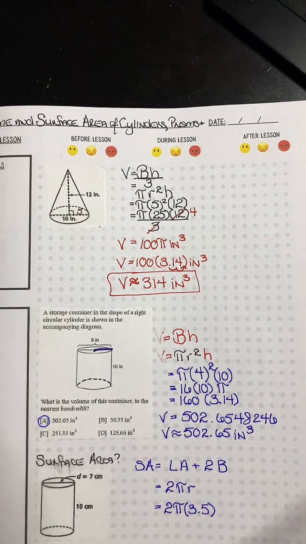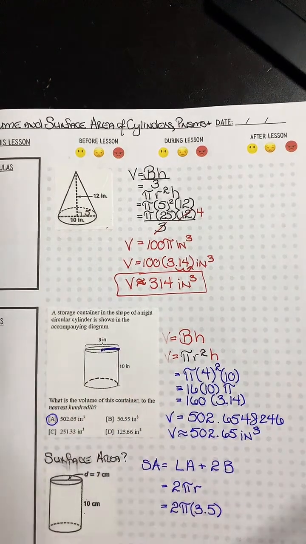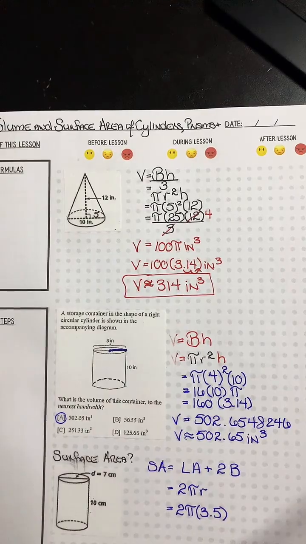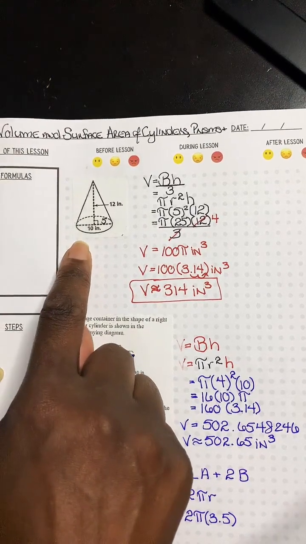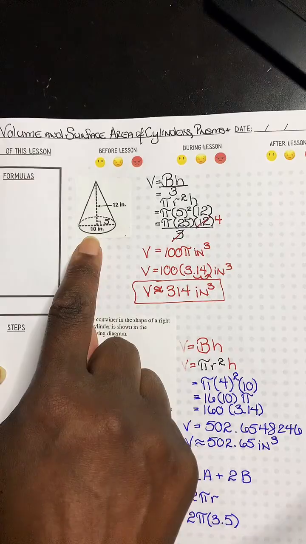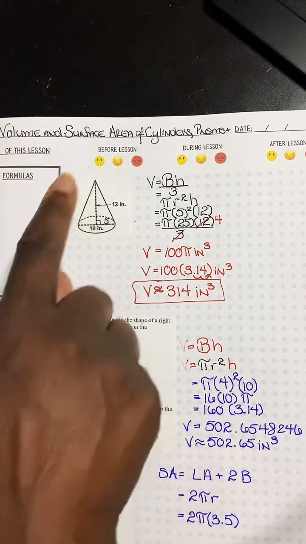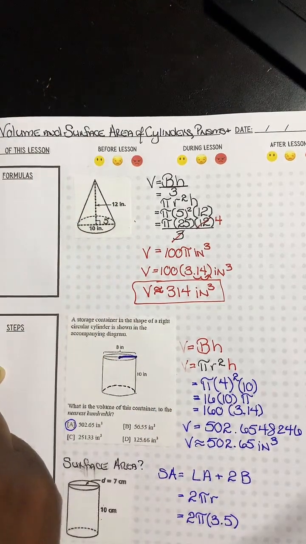All right, last time I just want to do a quick recap so we can get to where we need to get to. We were working on the volume of a cone. The volume of a cone is 1/3 of the volume of a cylinder.